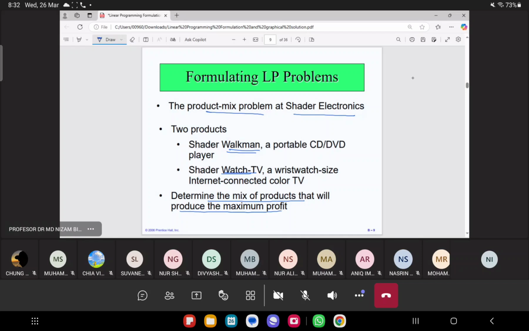So basically, it has two products, the Walkman and the Watch TV, and they want to determine the product mix, meaning how many Walkmans to be produced and how many Watch TVs to be produced, such that they maximize the profit.